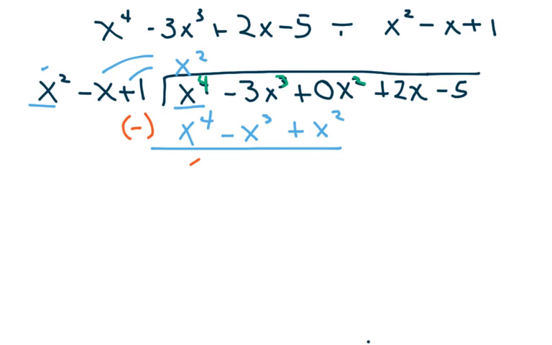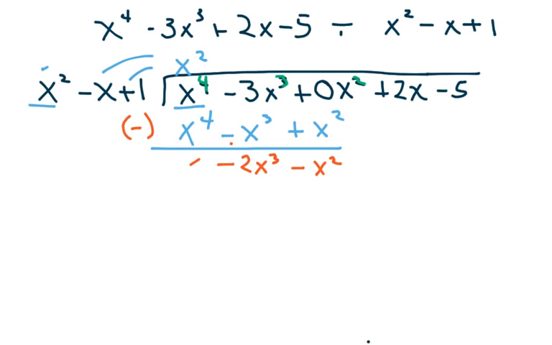Now here we go here. Negative 3x cubed minus a negative. So if you hear yourself say minus a negative, that means plus. So negative 3x cubed plus x cubed is negative 2x cubed. And 0x squared minus a positive is going to be minus, so that's going to be minus x squared.